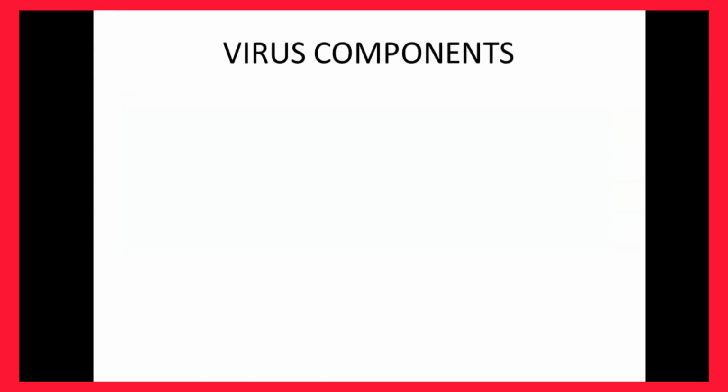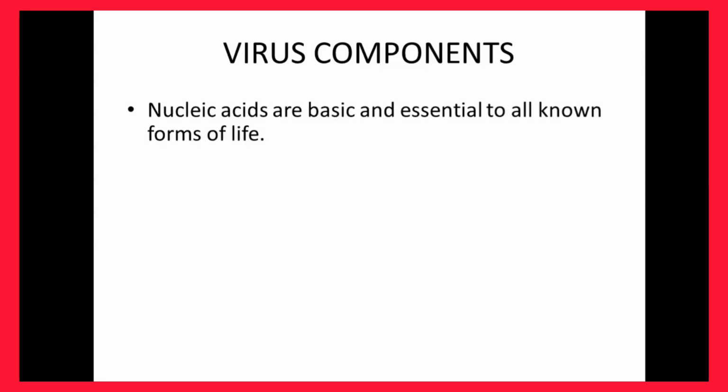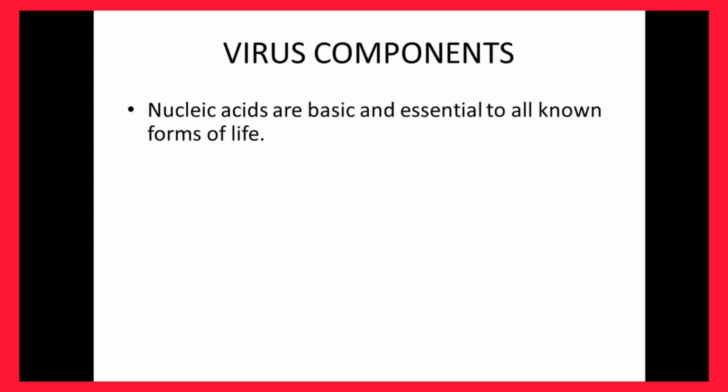Virus components. When you are talking of envelope viruses, every virus is made from nucleic acid. Without the nucleic acid, there are no viruses. Nucleic acids are basic and essential to all known forms of life.